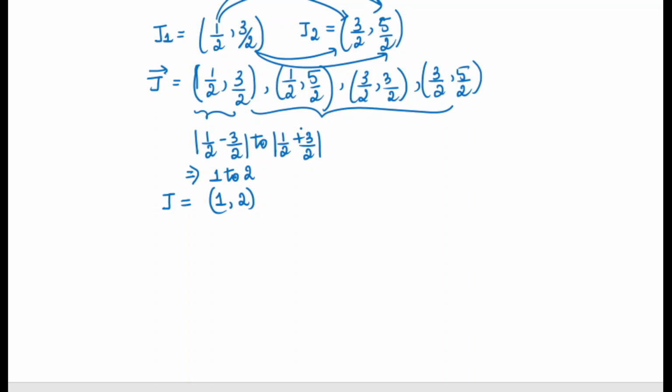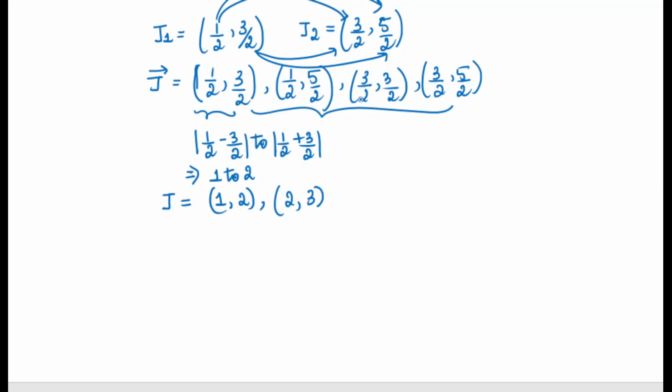Now we will do the next term. As you can observe, 1/2 minus 5/2 is 4/2, which is 2, and 5/2 plus 1/2 is 6/2, which is 3. So we are getting the next j values to be 2 and 3.